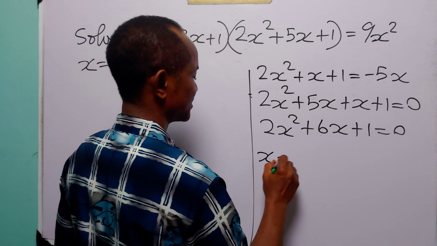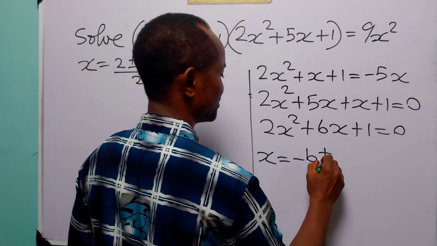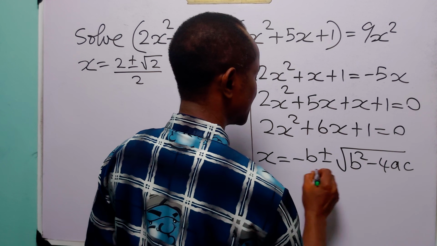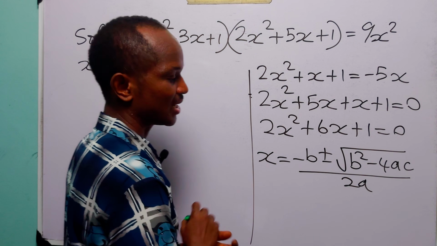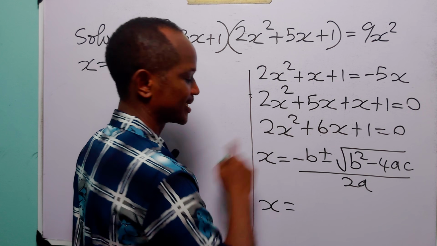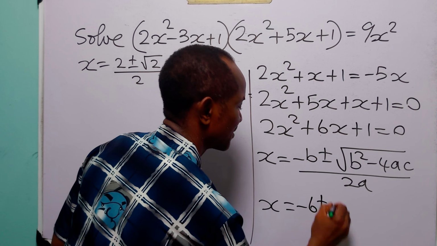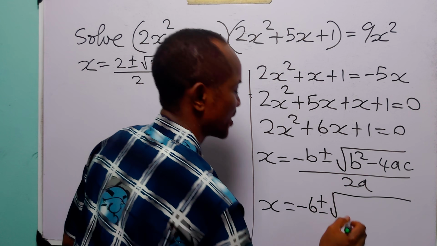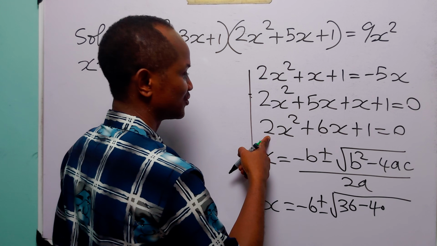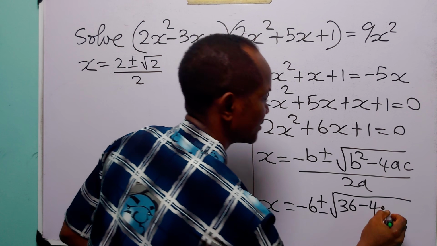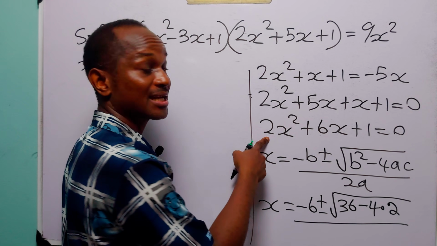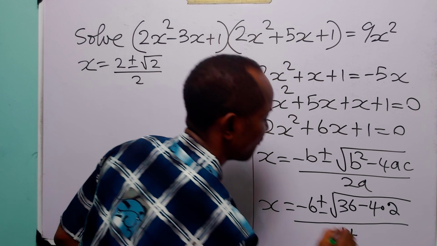We have that x is equal to minus b plus or minus the square root of b squared minus 4ac, divided by 2a. x is equal to minus 6 plus or minus the square root of 6 squared, that is 36, minus 4 times a, which is 2, times c, which is 1, divided by 2 times a, that is 2 times 2, which is 4.